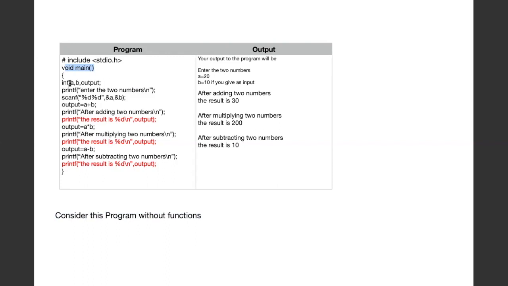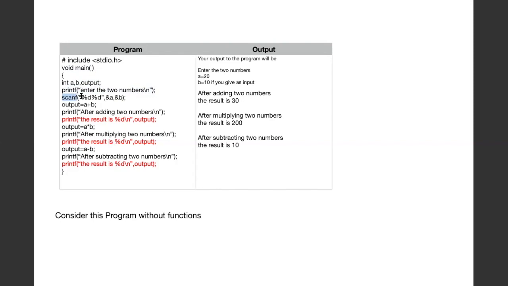So we need two input variables, a comma b, which are going to hold the input, and another variable called output, which gives you the result. First, as usual, you ask the user to enter the two numbers, and you need a scanf statement to read those inputs.